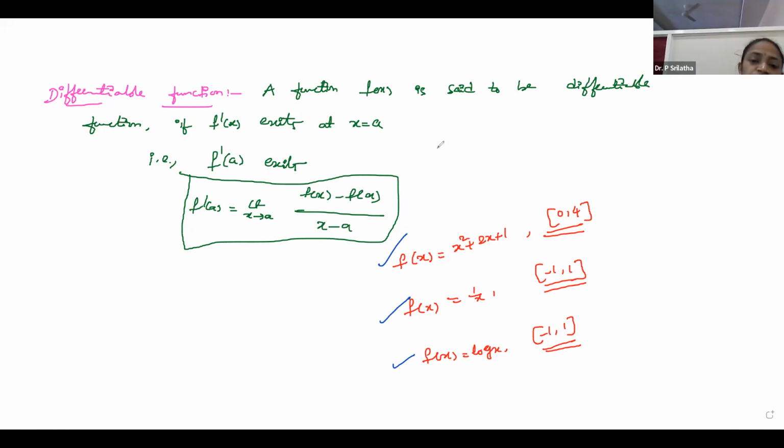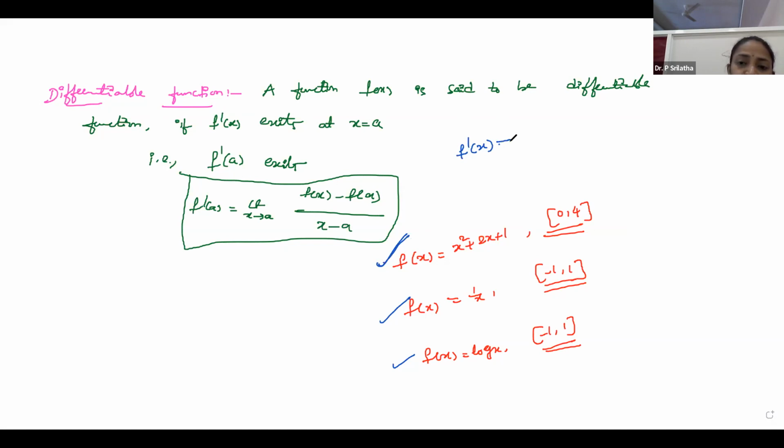I will tell you in a shortcut way how to check whether the given function is differentiable or not. Given the function f of x, we need to find f dash of x.